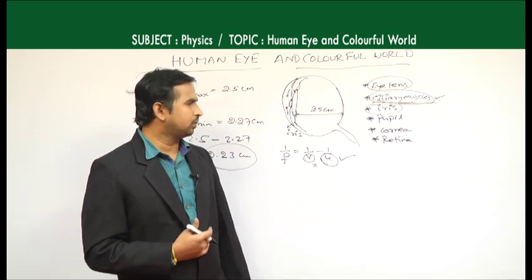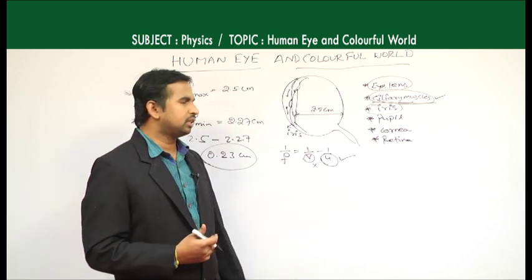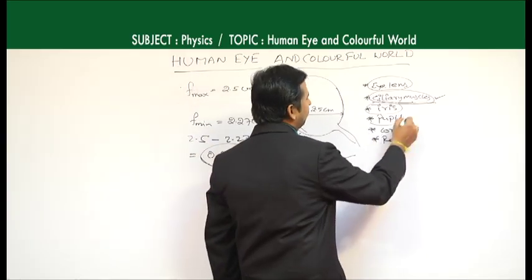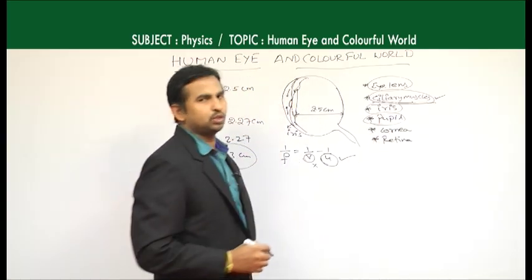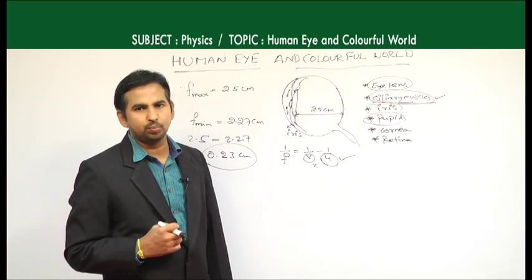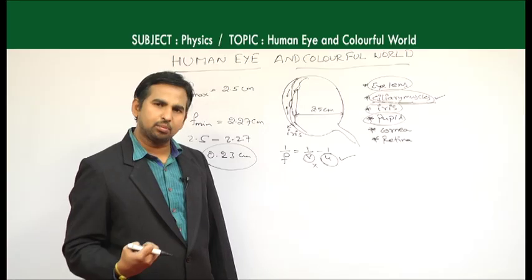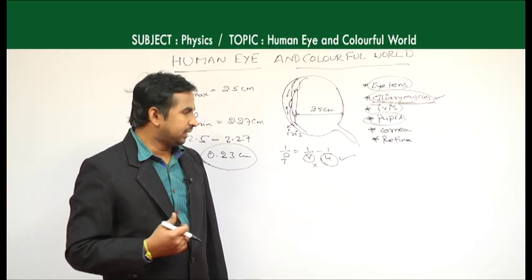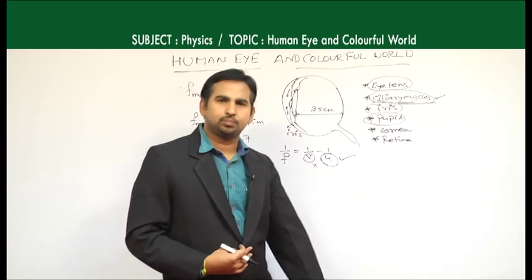That is the work done by the iris, which adjusts the size of the pupil. A larger pupil means more light rays are coming; with a small pupil, fewer light rays may enter.